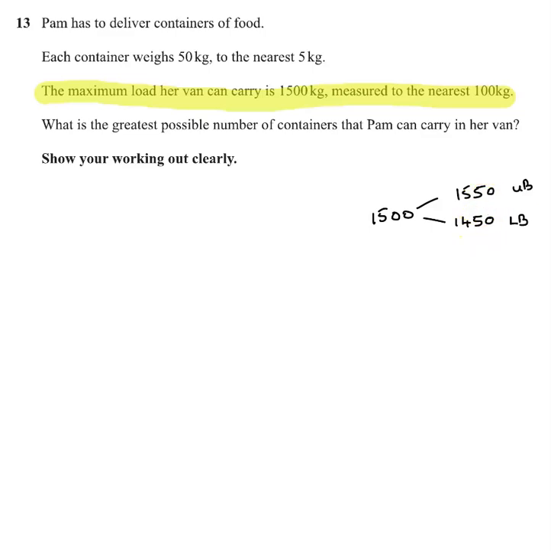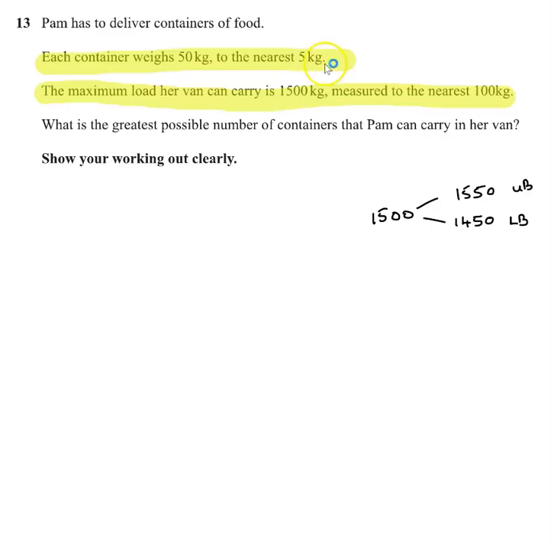So the next part is we want to find the upper and lower bound of this second line. It says each container weighs 50 kilograms to the nearest 5 kilograms. So you can see it's nearest 5, and when it's nearest 5, you half the 5. Half of 5 is 2.5.